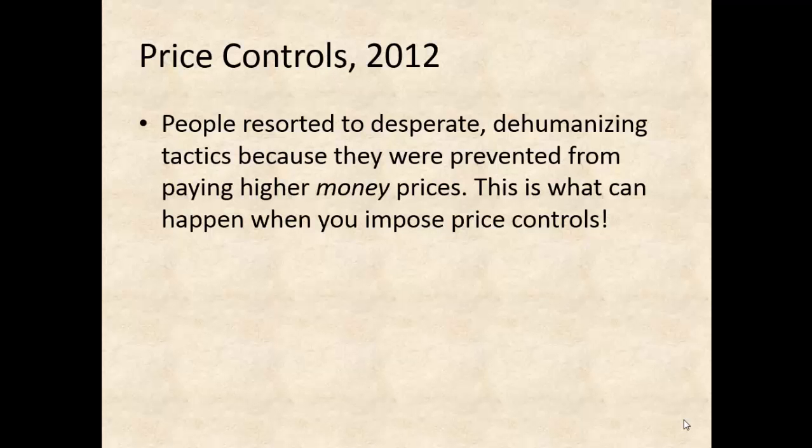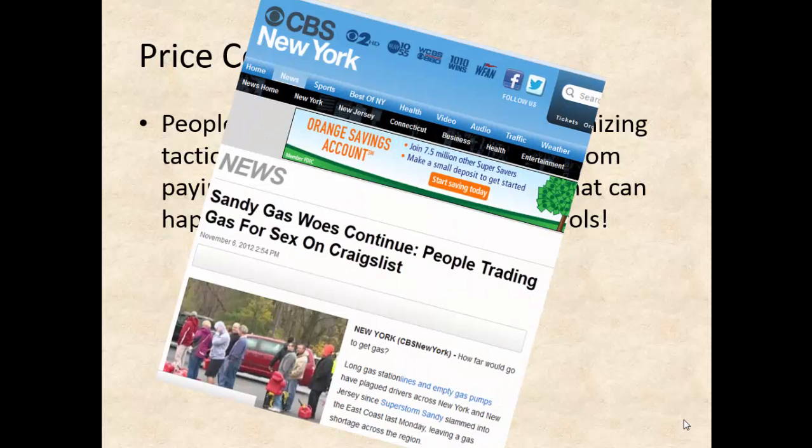And if you can't pay higher money prices, people will find other ways to pay, including this kind of dehumanizing and undignified means of payment.